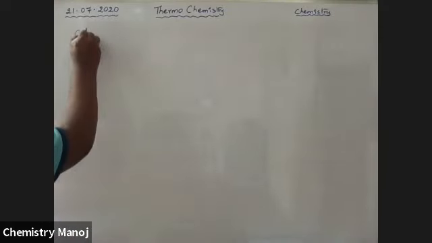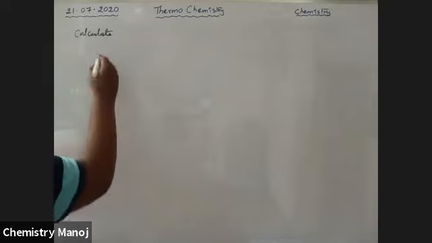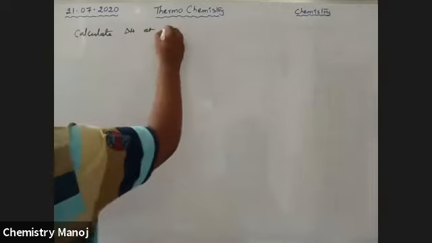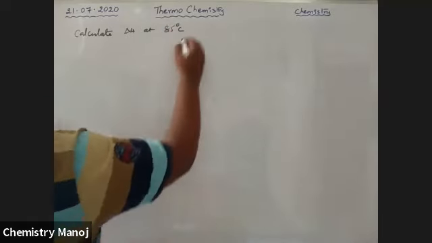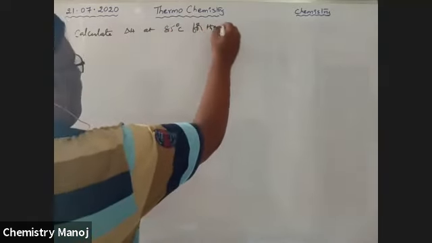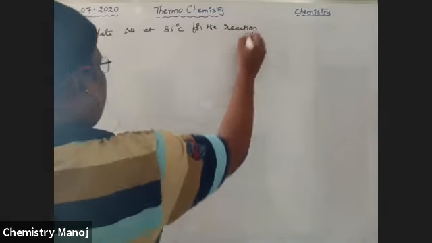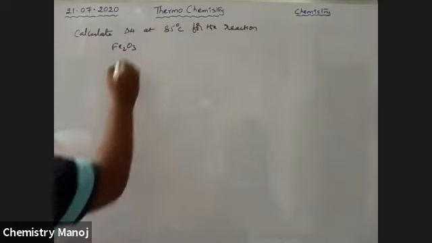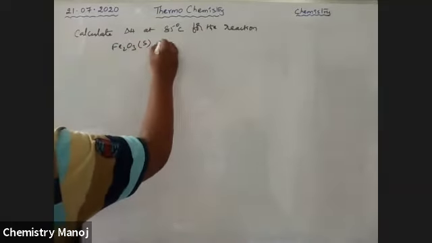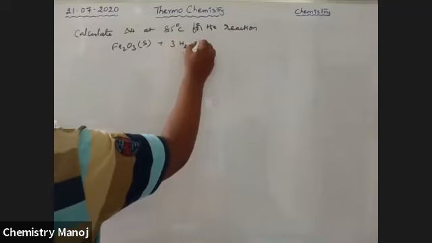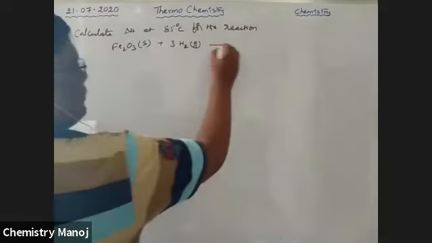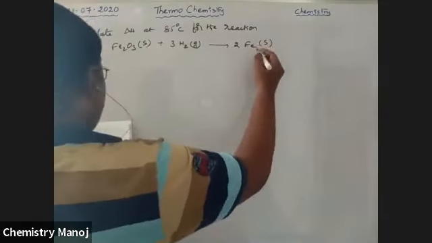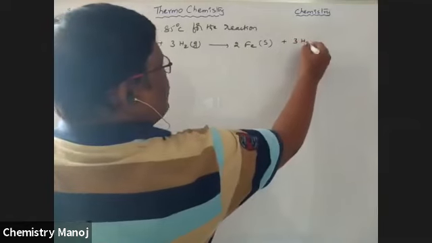Calculate delta H at 85 degrees centigrade for the reaction Fe2O3 solid plus 3H2 gas gives 2Fe solid plus 3H2O liquid.